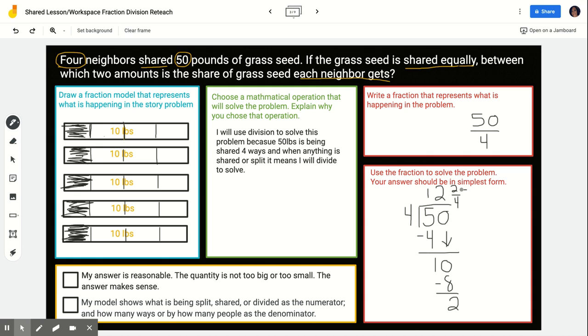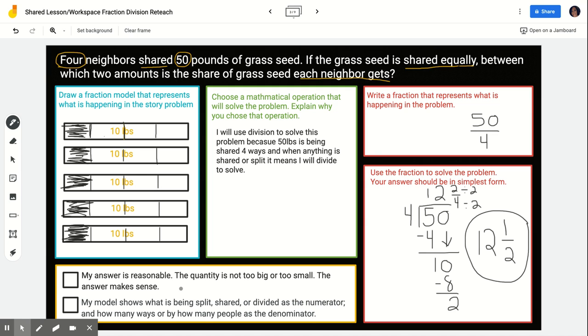I can divide both numerator and denominator by 2. Remember, my whole number will stay the same, but now I can divide to get a new numerator. 2 divided by 2 is 1, and 4 divided by 2 is 2. So we get the quotient of 12 and 1/2 now that it's in simplest form.